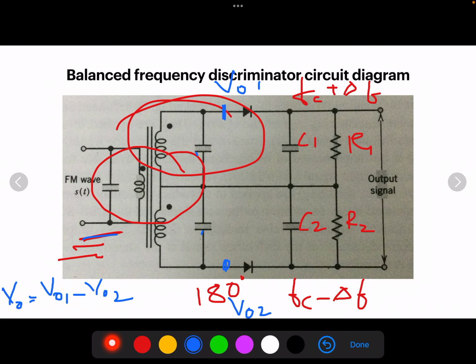Suppose when Fin is equal to Fc, this is the first case. When the input frequency is instantaneously equal to the carrier frequency Fc, then the induced voltage in the secondary winding T1 is exactly equal to the voltage induced in the secondary winding T2. So the input voltage to both the diodes is the same.